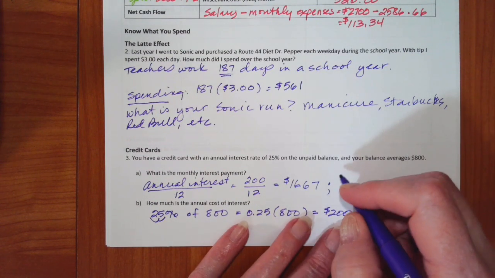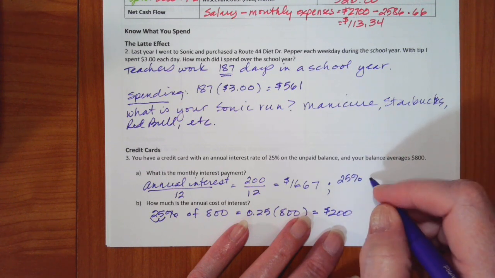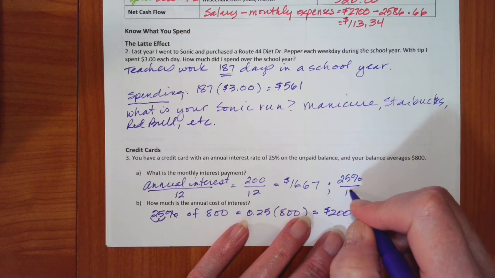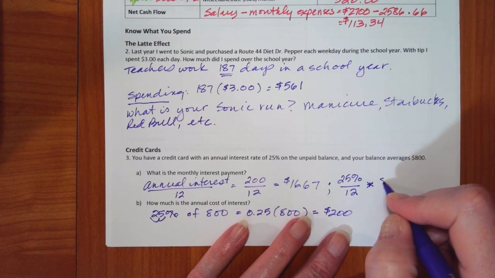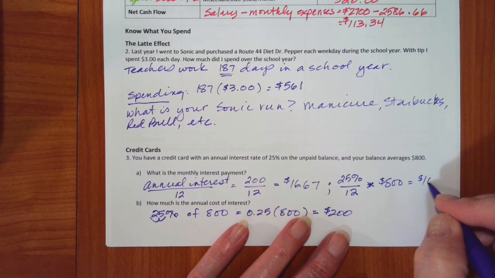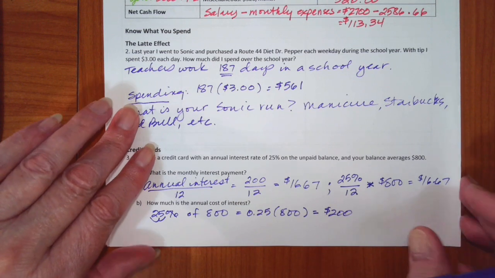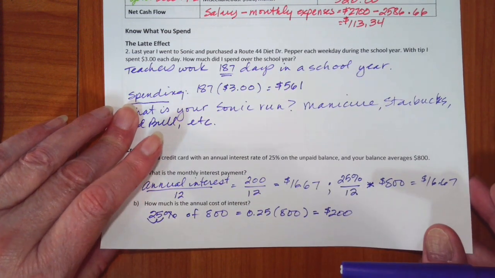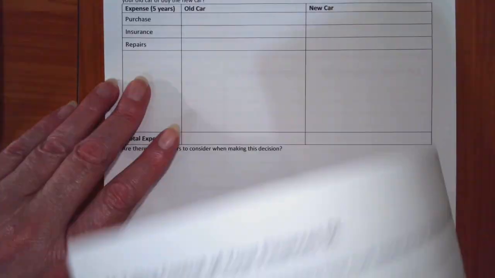Otherwise, we could do the 25% divided by 12 times the $800, and once again we still get $16.67. So that's $16.67 a month that you're spending just to maintain that balance of $800. And again, we're going to talk more about credit cards later on.